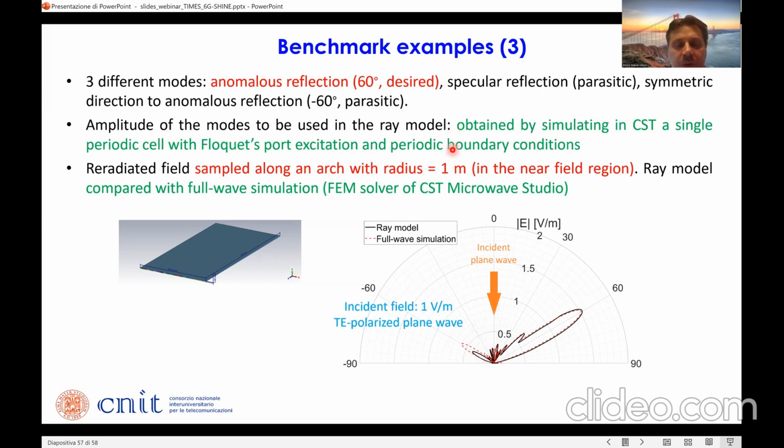And we compared the full wave simulation, which is in this figure, the one represented with the red dashed line, with the simulation using our ray model. Of course, as I said, in order to apply our ray model, we had to do 3 different simulations, one for each of the 3 propagating radiation modes.